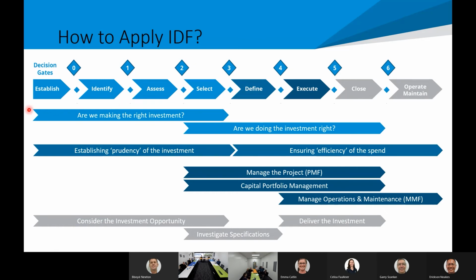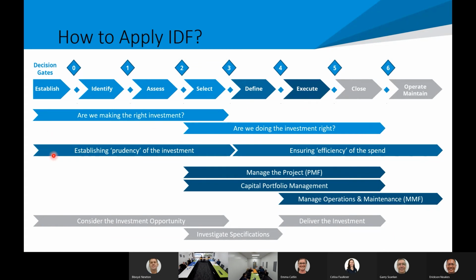And I'll just walk through, and that is the little bars that sit below. So the IDF is trying to make sure that we are making the right investments, and that's certainly the first part of the phases. And then we transition to, are we doing the investment right? So have we got our planning and project management?